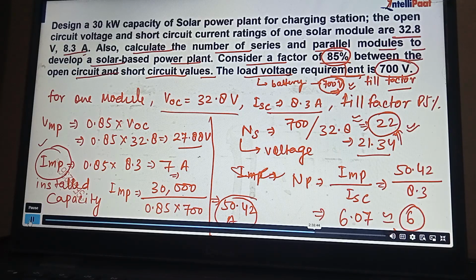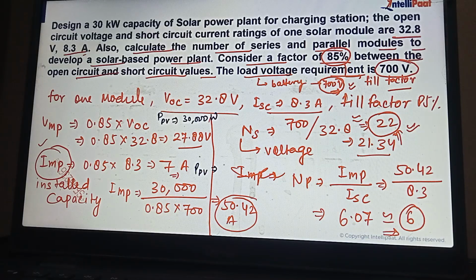PPV, that is 30 kilowatt, 30,000 watts, will be IMP into VMP. This is the formula. So IMP we have to calculate, PPV is given, and VMP we replace by 0.85 multiplied by VOC. Are you getting my point?